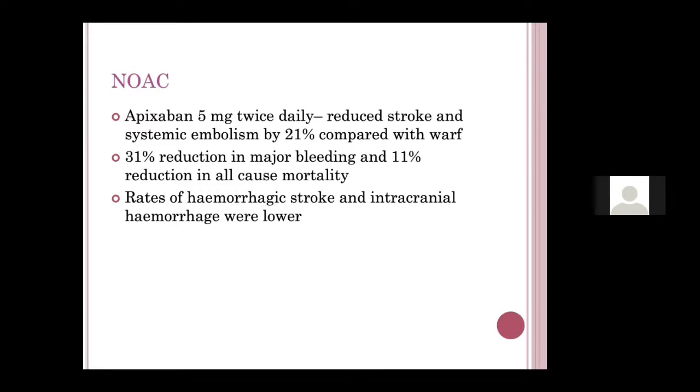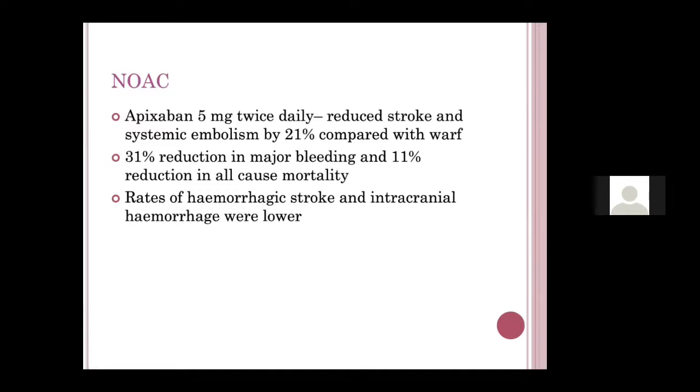Of the 3, the one which has superiority over warfarin is apixaban. Apixaban is the only one with superiority over warfarin, and the normal dose which we give is 5 milligram twice a day.